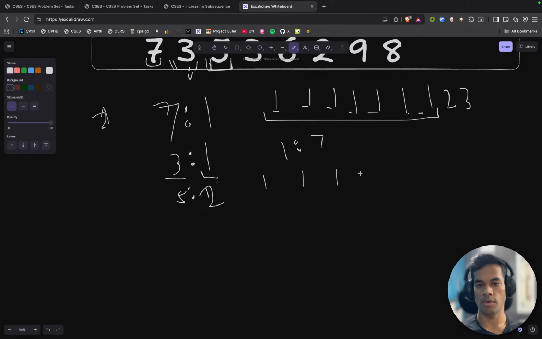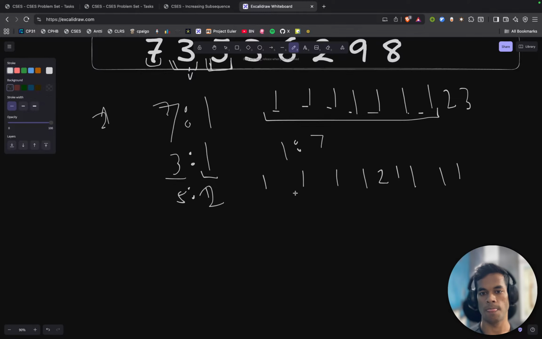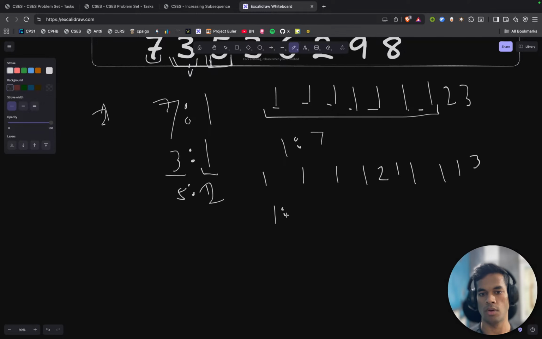But what if we have 1 1, and then a 2, and then a bunch of ones, and then 3? What if this is our array? When we are at 3, this 1 would have a value of 8, and this 2, since it could only be paired up with these ones, would have a value of 5.